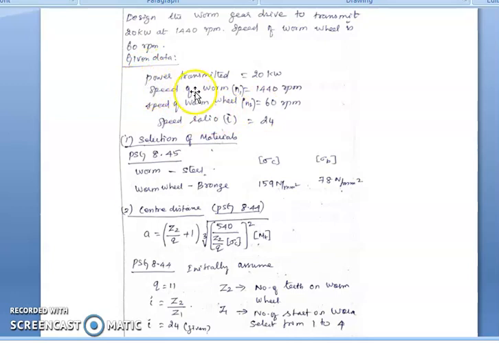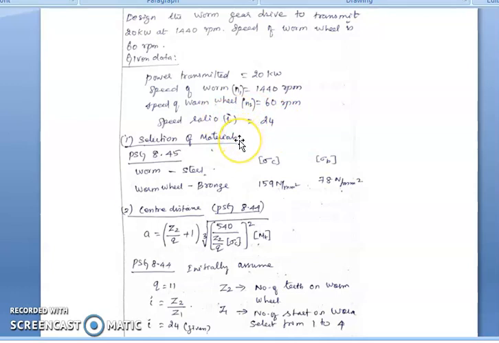So the power transmitted is 20 kilowatt. The speed of the worm N1 is equal to 1440 rpm and speed of the worm wheel N2 is equal to 60 rpm. Here the speed ratio i is equal to 24. Here the speed ratio i is not equal to N1 by N2.